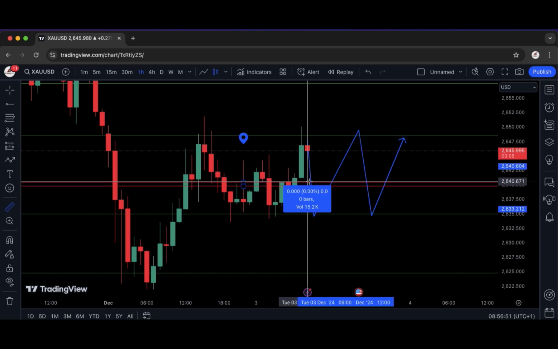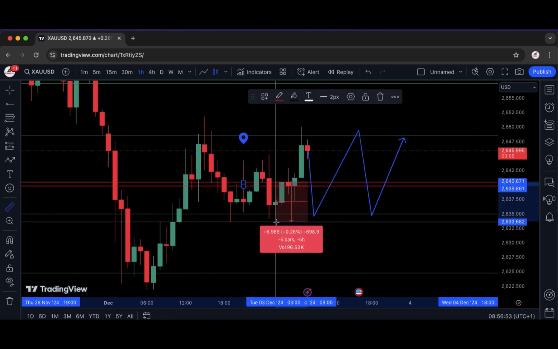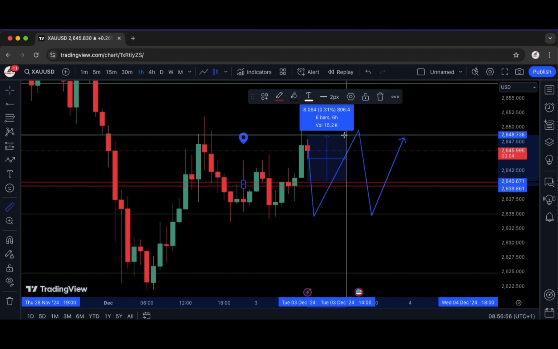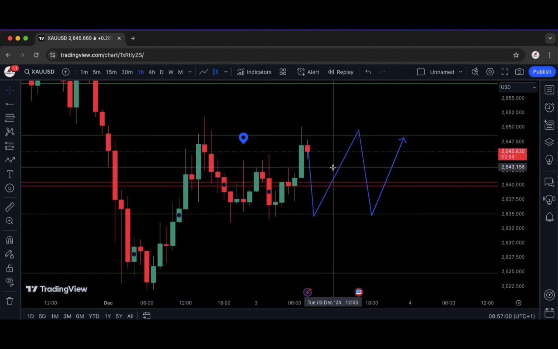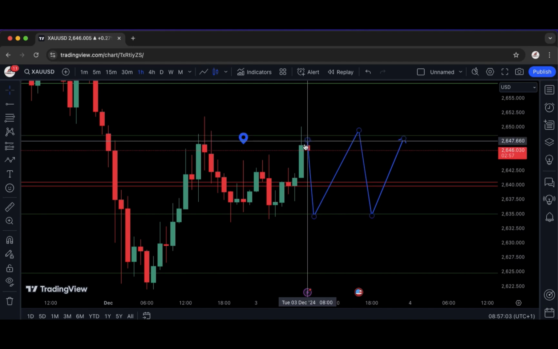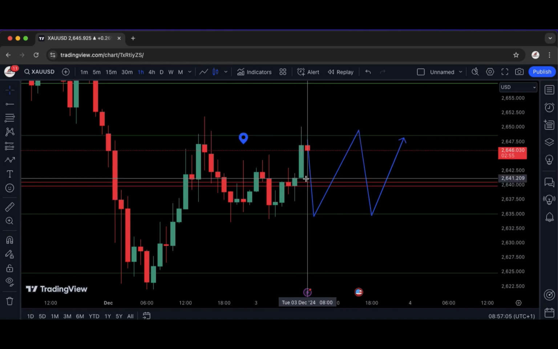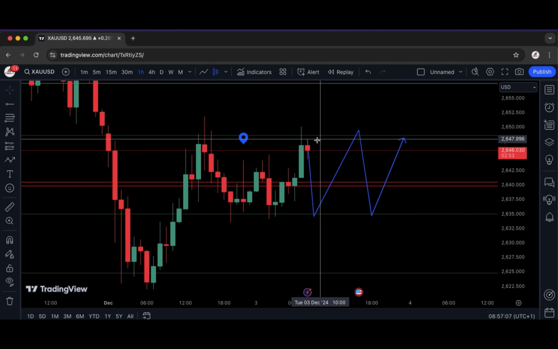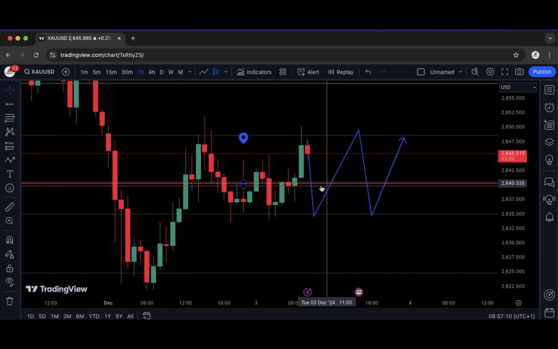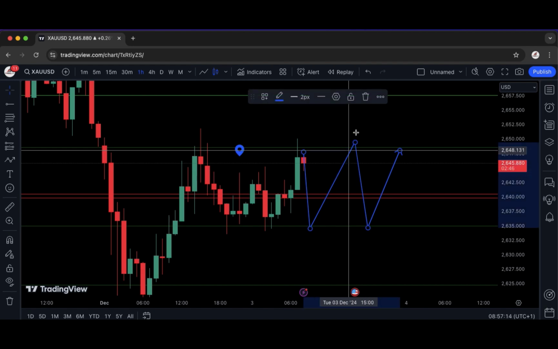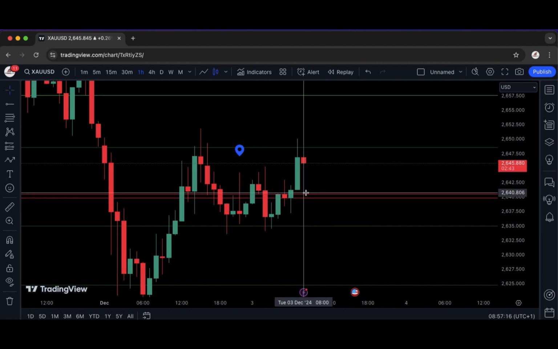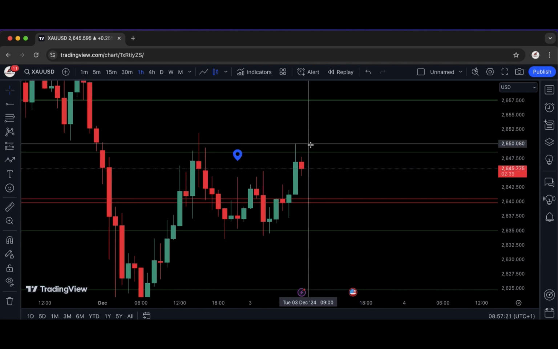From here, with a stop loss of let's call it 70 pips, and whatever makes it go back is 70, almost 80 pips, so it's giving us 1-to-1 plus.